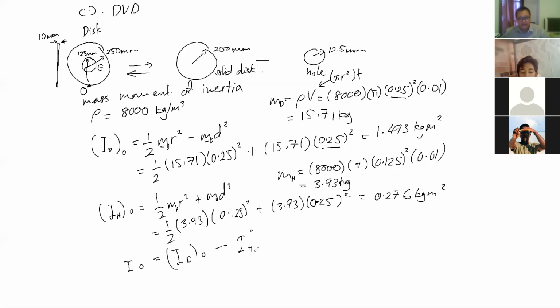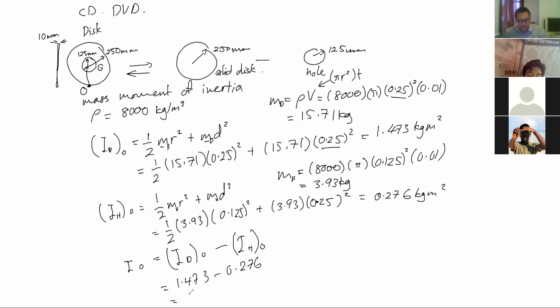I whole with respect to the axis at point O, okay? And therefore it is 1.473 minus 0.276.